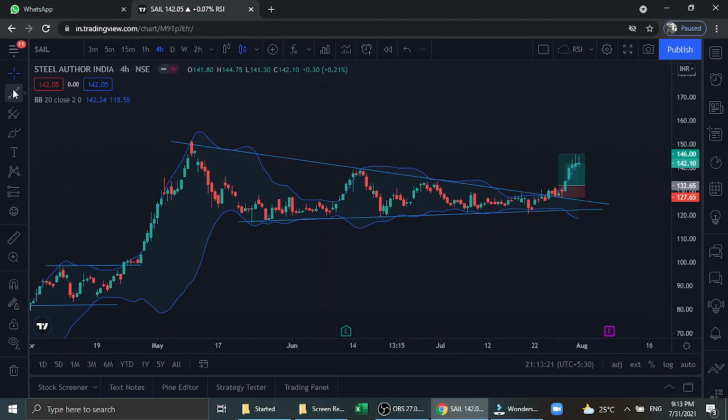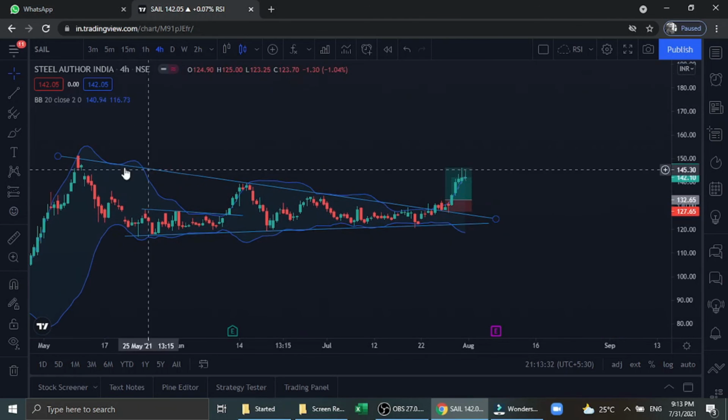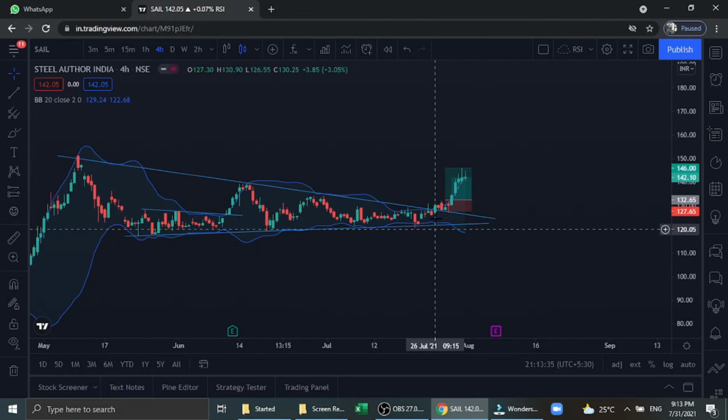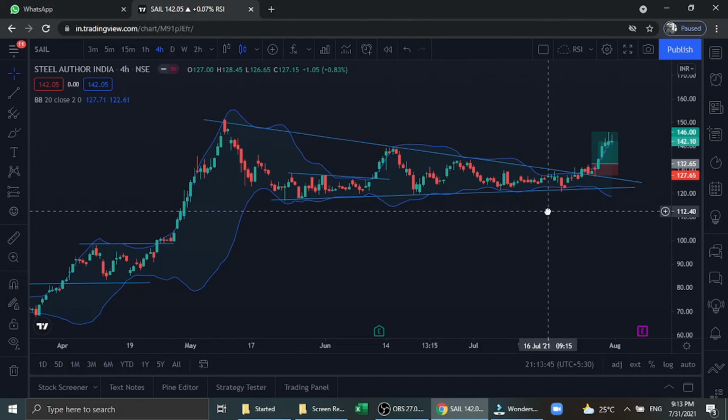Again here there is a small resistance and it has broken the resistance and it has given very good results. Again there is a pattern here, and along with that pattern there is Bollinger Band squeeze broken, then it has given almost 10%. This is how we use the combination of the breakouts plus the momentum of the stock.